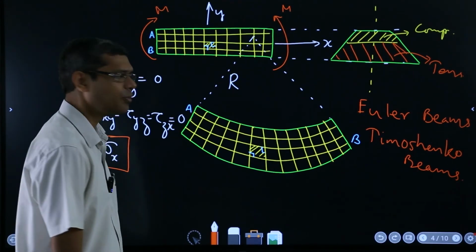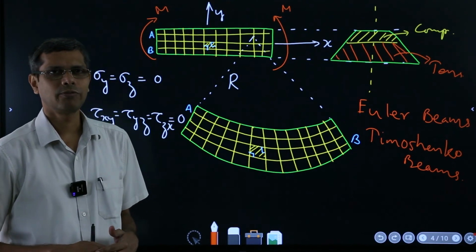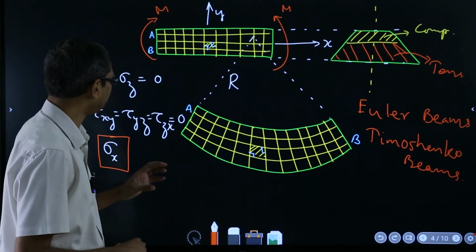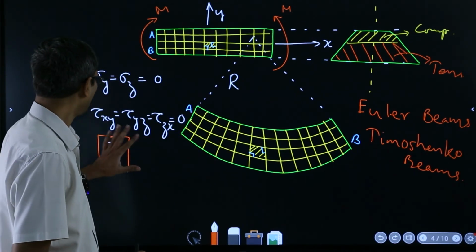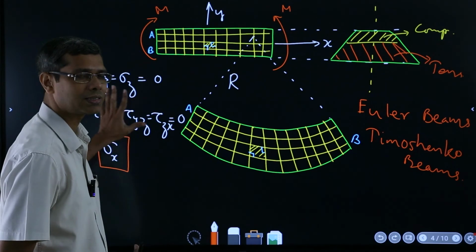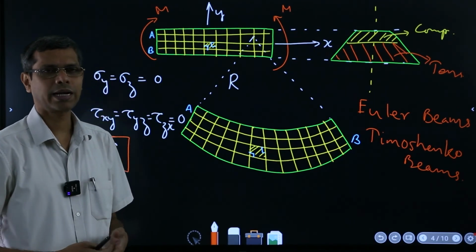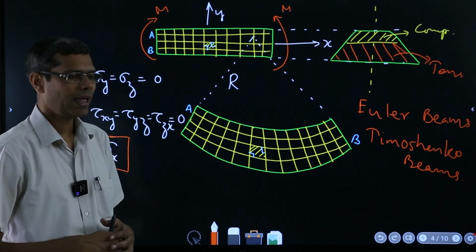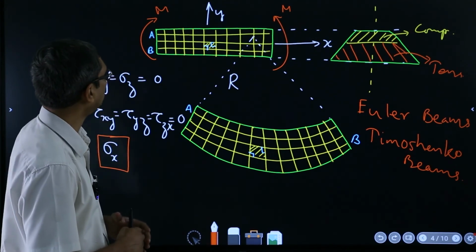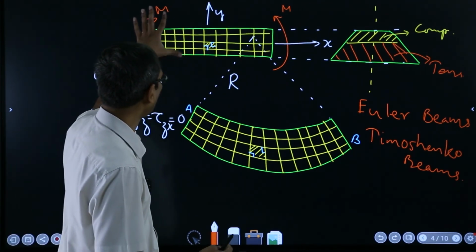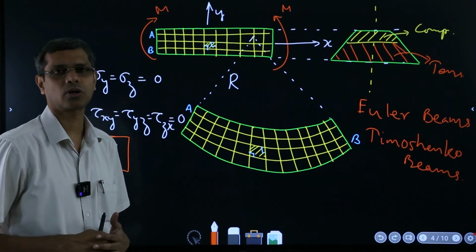Okay, so we will stop here for this segment, and we will meet in the next segment, where we will use this deformation pattern, the concept of this deformation, plus the concept of this state of stress, and we will quantify them. We will write their corresponding equations, and from there we will find out the distribution of them. We will find out the relationship between the applied moment and the distribution of the stress, the way we did for the torsion case, right?